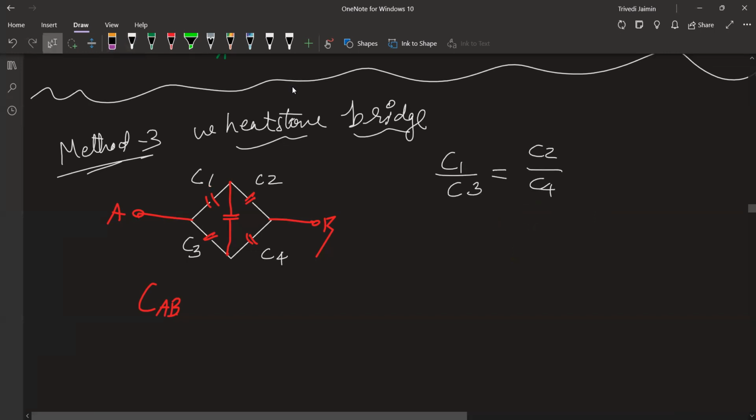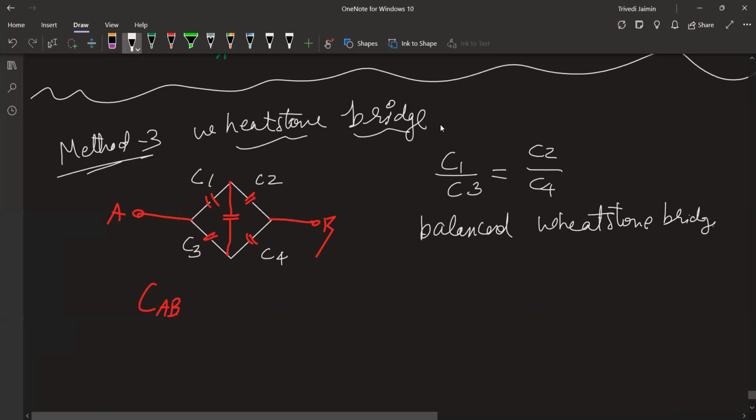If these ratios are equal, it is called a balanced Wheatstone bridge.